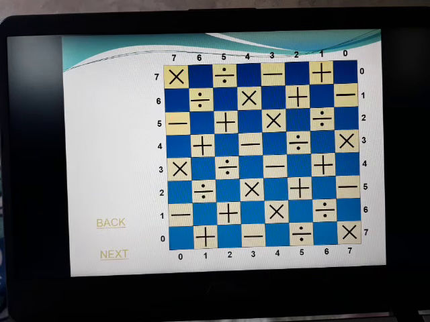For the polynomial DAMATH, as you can see, the numbering on the checkerboard is changed.